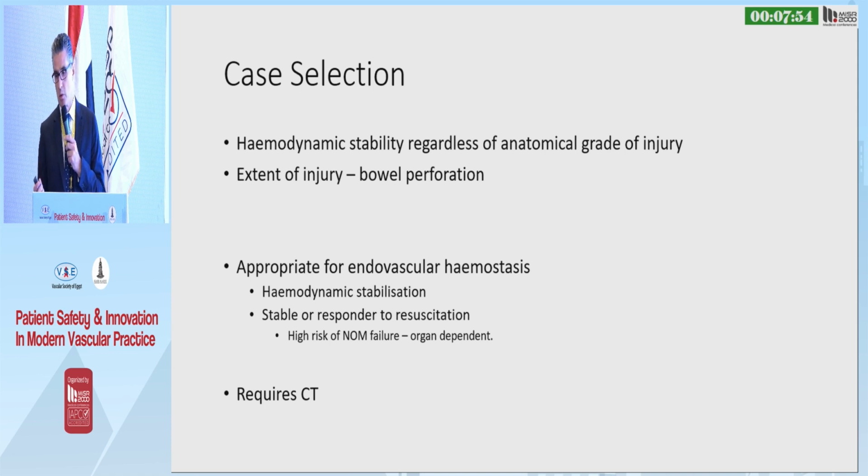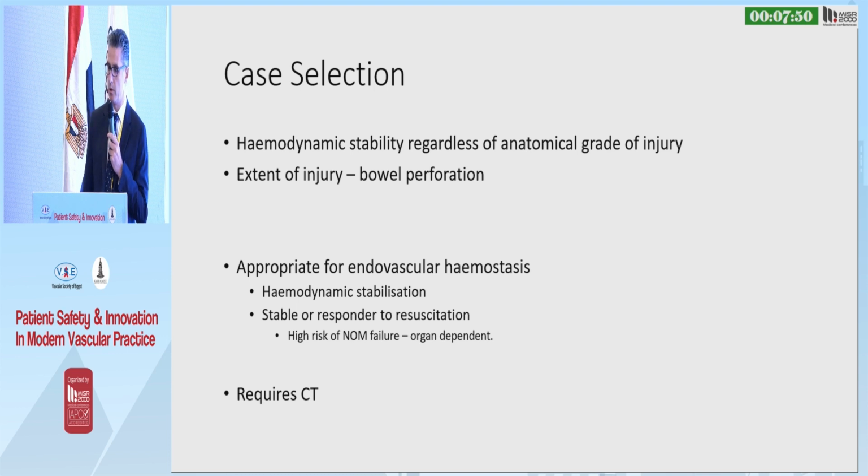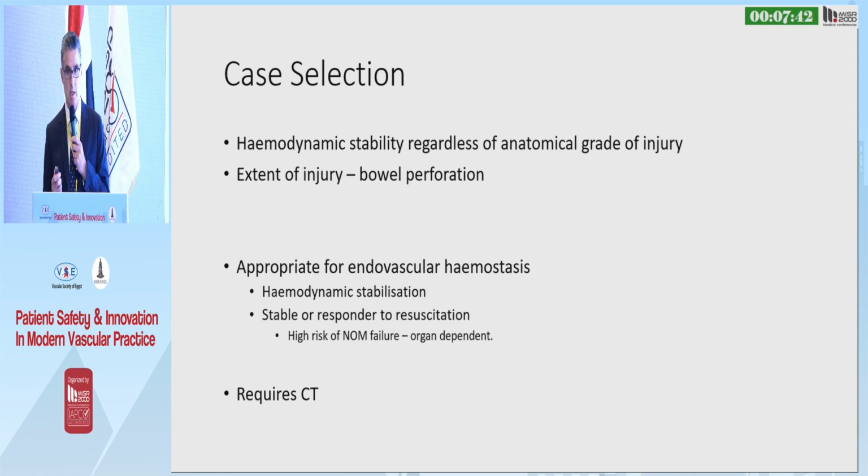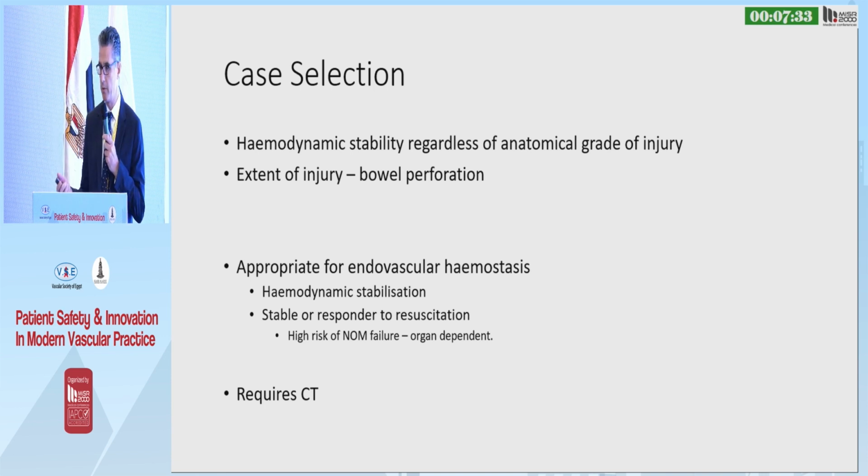So, in general, what those algorithms or patient pathways say is that rather than anatomical grade of injury, the treatment decision is based on two things. One is the hemodynamic stability of the patient, and the other is the extent of their injuries. For example, if there's a bowel perforation, then they'll have to go for surgery.